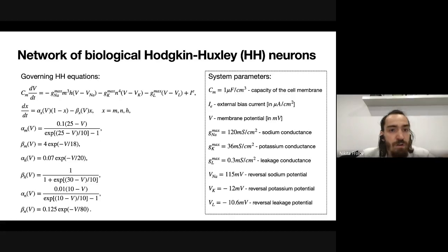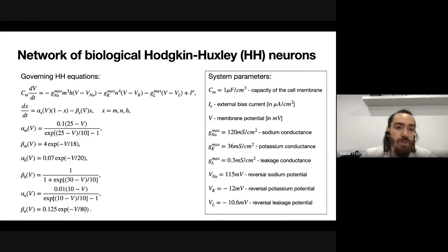We have also considered the network of biological Hodgkin-Huxley neurons and addressed the issue of formation of chimera state in this network. The governing Hodgkin-Huxley equations describing the membrane potential dynamics of a single neuron are presented on this slide with the set of parameters.